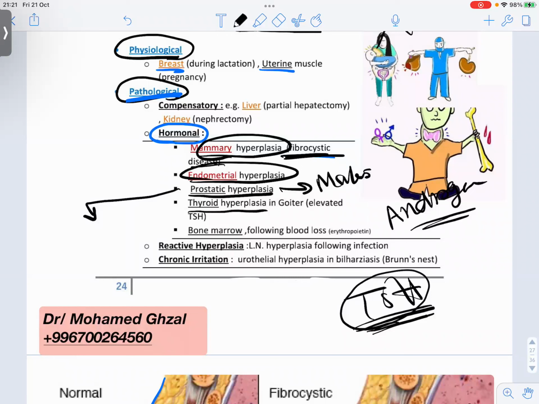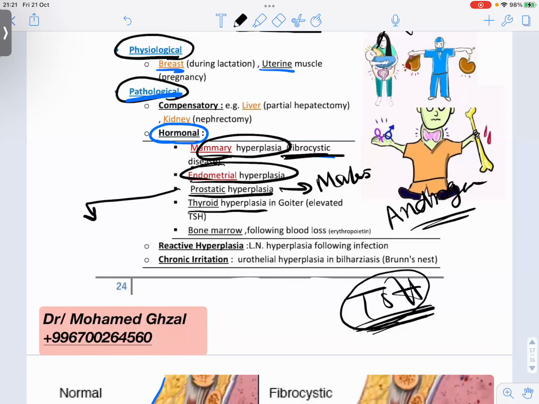But in men, prostatic hyperplasia due to androgen can never turn into cancer, because the old men don't have a lot of androgen. They have metabolites of androgen, but they don't have androgen. They have broken androgen.